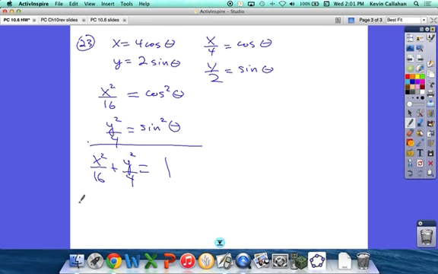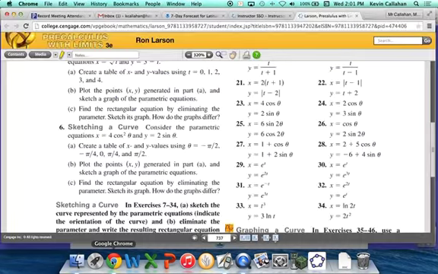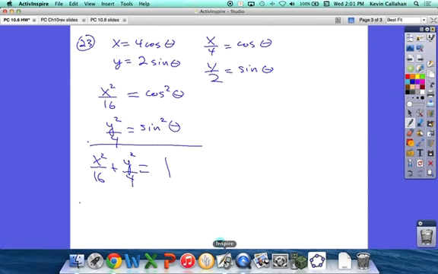Right? So if you looked at the other one, 27, what would you have to do to isolate the cosine in this one? Subtract 1, right? How would you isolate the sine in this one? Subtract 1 and divide by 2, okay? And then you're just doing the same thing. Now that one I did already.